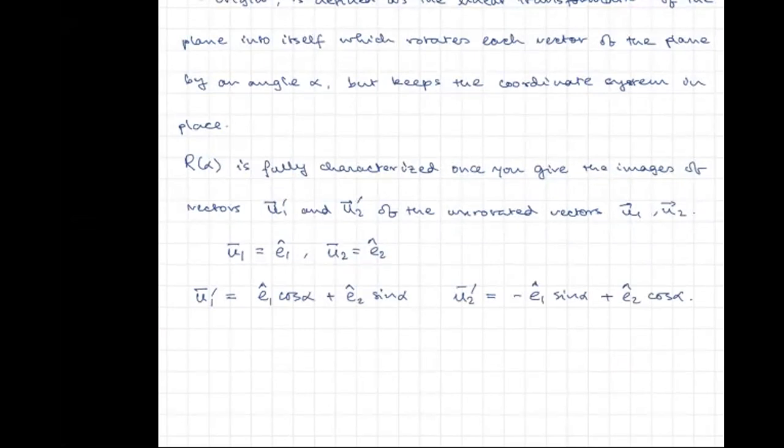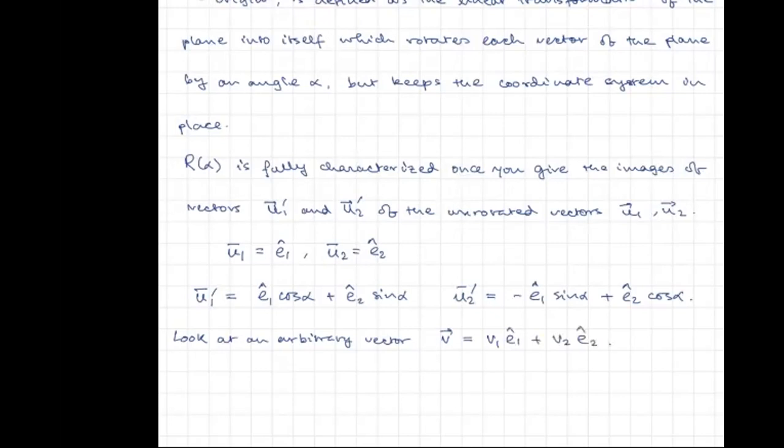These are what has happened to our coordinate system, if you wish. This is what has happened to our unit vectors. Now suppose you are looking at an arbitrary vector. Let's call this arbitrary vector v, which is v1 e1 plus v2 e2.